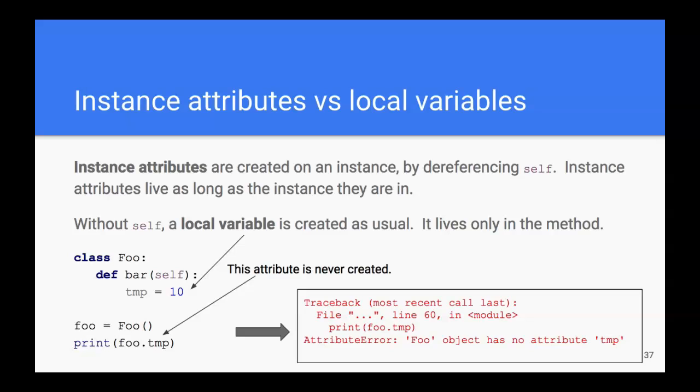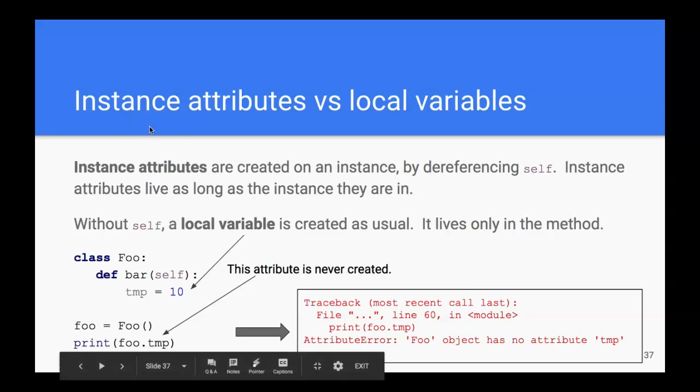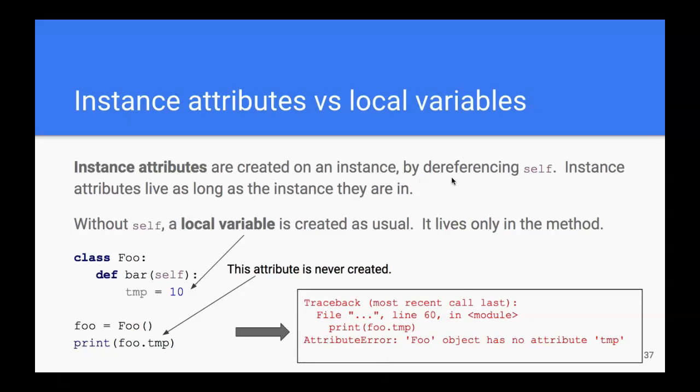One thing is that instance attributes are created on an instance or on an object by dereferencing self. We saw how to do this in the initializer. So the instance attributes live as long as the instance itself.